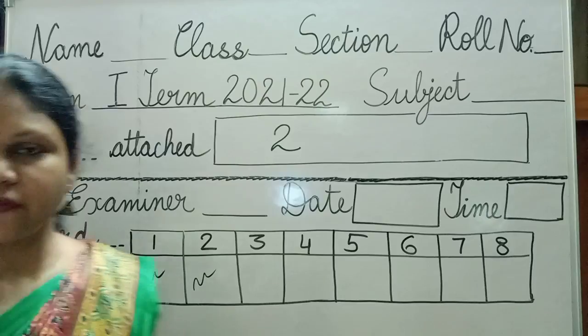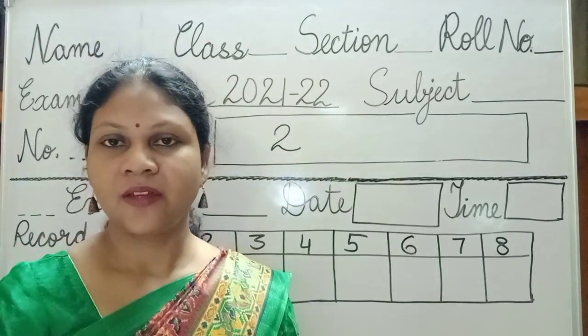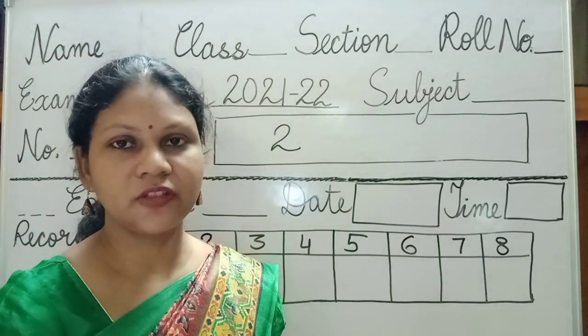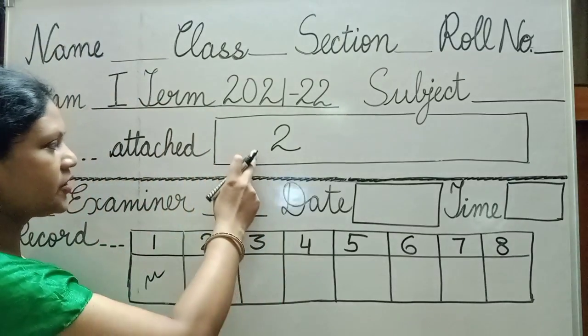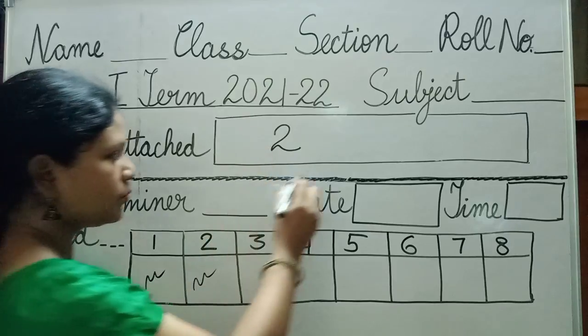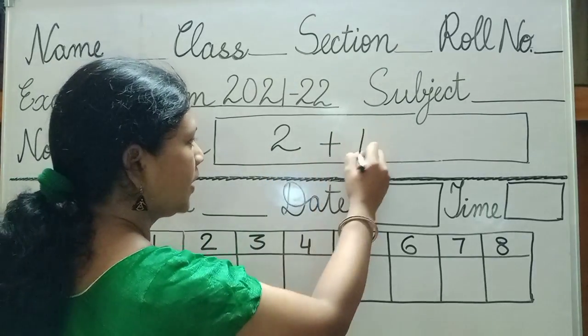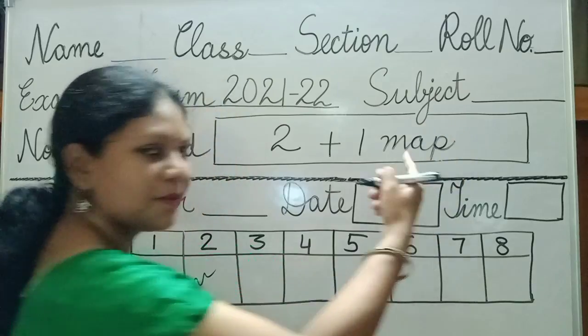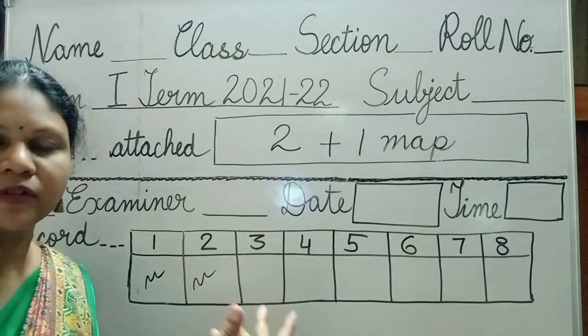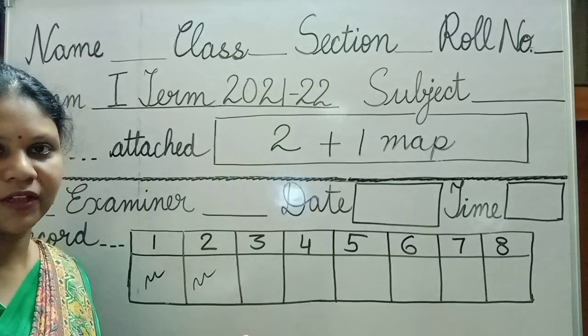On the day of your geography exam, if in case you are using a map also, then along with the number of additional sheets, you have to also mention one map. Okay, it can be a map or it can be a graph paper according to the subject.